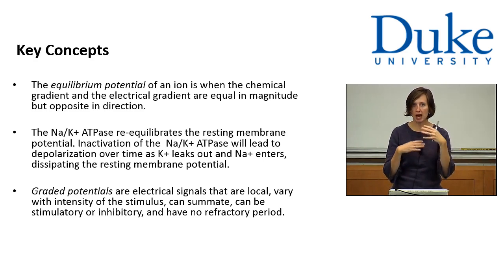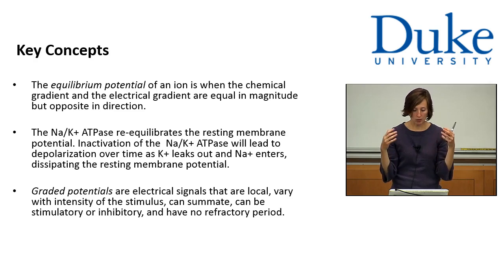We talked about how the resting membrane potential is established, how we need the sodium-potassium ATPase to make the gradients of the ions, and that the potassium and sodium leak channels are also important in establishing at what membrane potential our resting membrane potential sits.